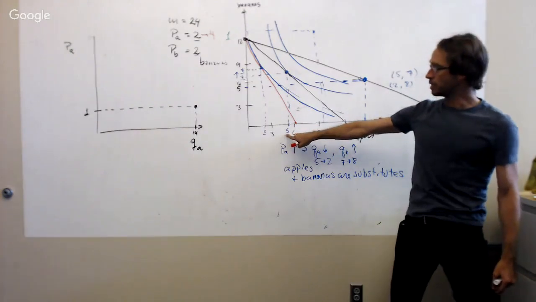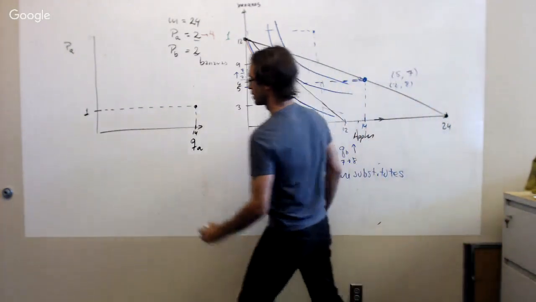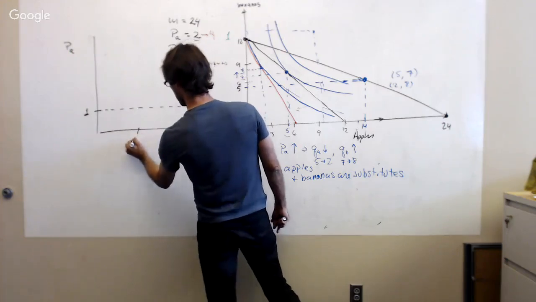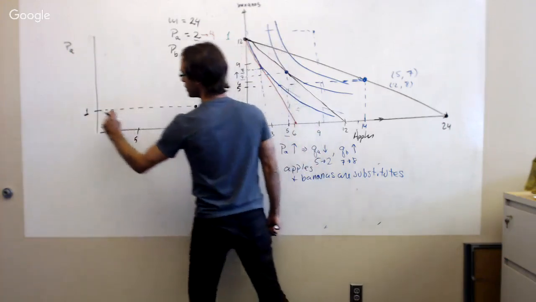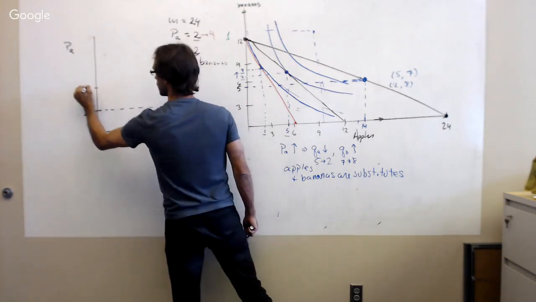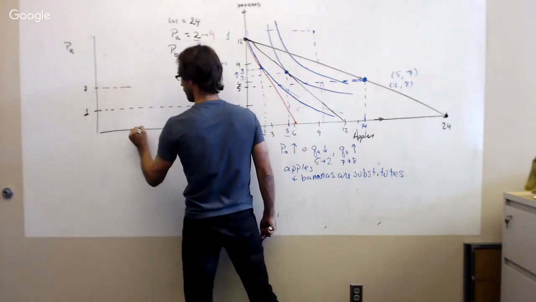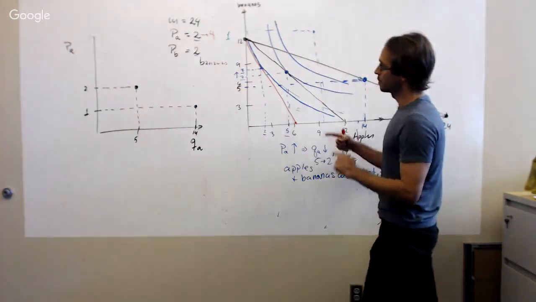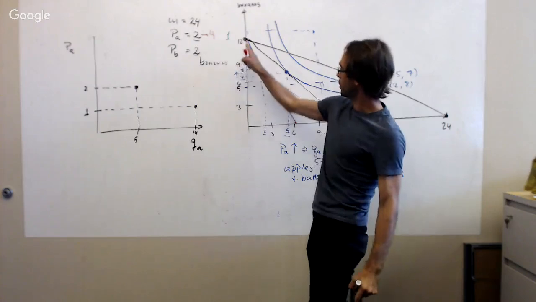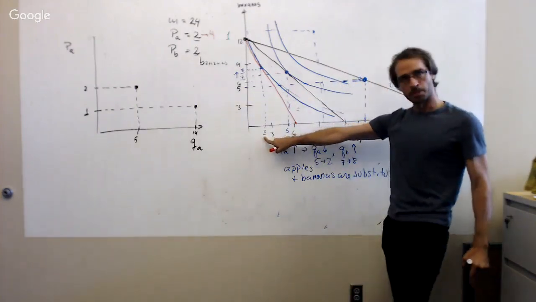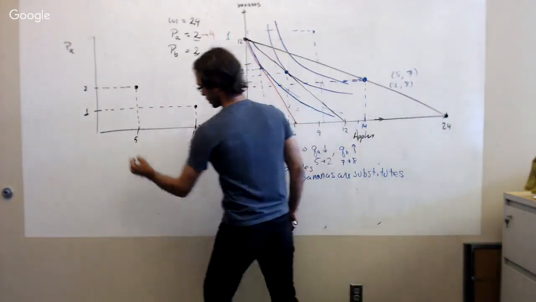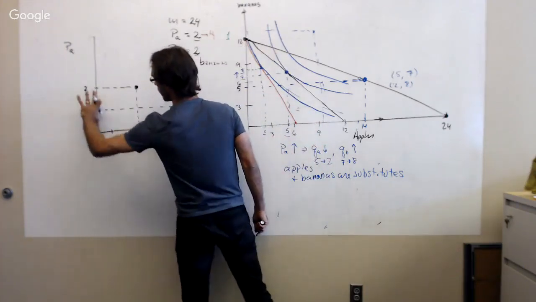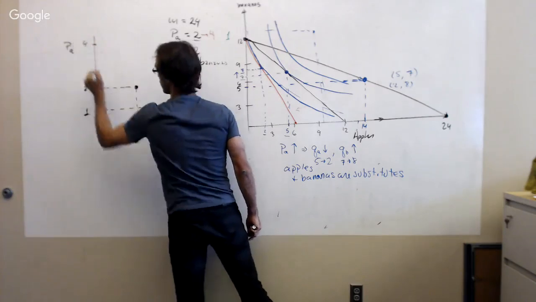Well, now this individual wants 5 apples. 5 apples is going to be somewhere here. And those 5 apples get consumed if the price is 2. And finally, what happens if the price rises all the way up to 4, which is the red budget constraint? The consumption of apples drops to 2. So you're going to consume 2 apples if the price goes all the way up to 4.